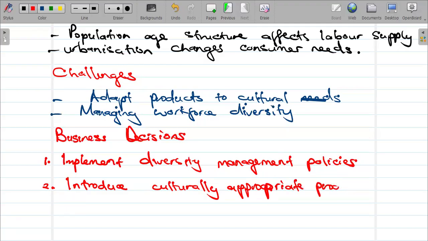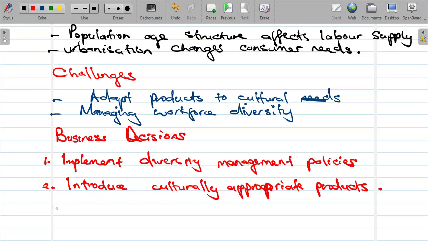Right. So, for example, a business like Allow, right, whereby it sells meat or food to Muslim consumers. Right.